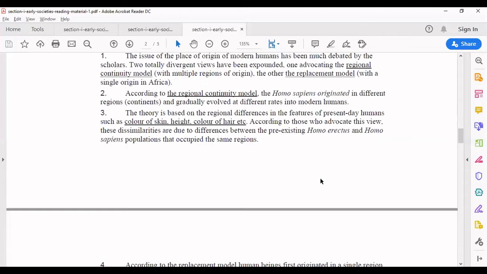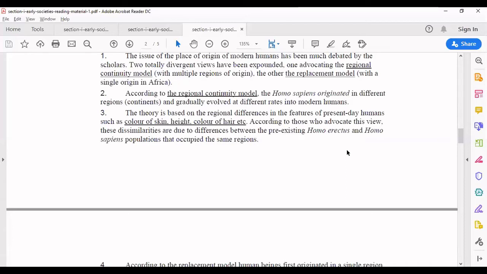So according to the scholars who advocate this view of the regional continuity model, they say that these dissimilarities amongst current present day humans are because of the differences that pre-existed in Homo erectus and Homo sapiens populations that occupied the same region.